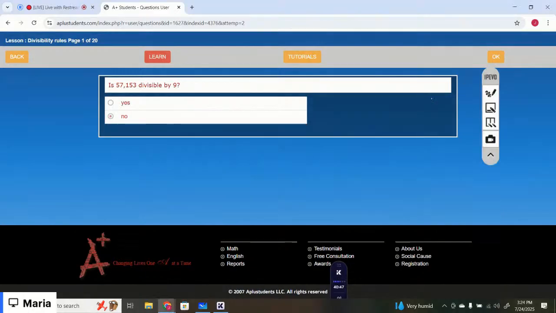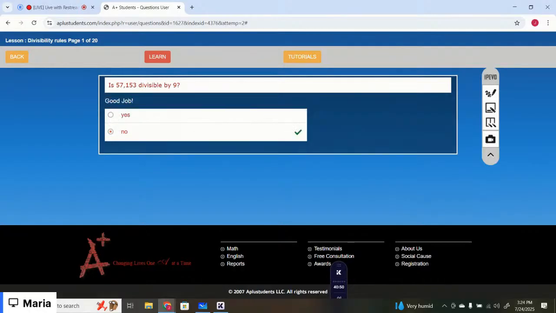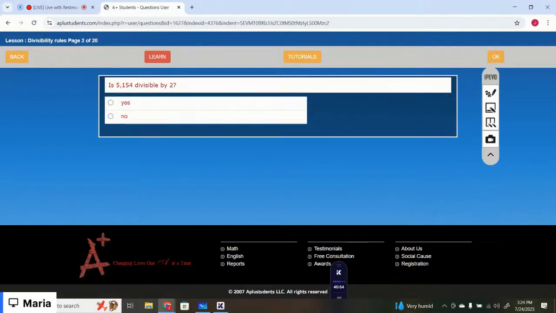The number is not divisible by 9. Is 5154 divisible by 2? So we need to apply the divisibility rule for 2. That is very easy. If the ones digit is either 0, 2, 4, 6 or 8, the number is divisible by 2. So here the ones digit is 4. It is divisible by 2.